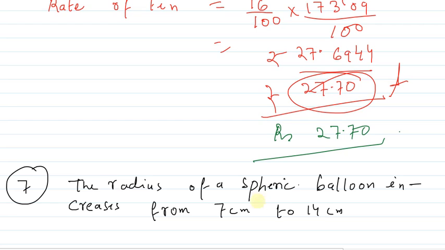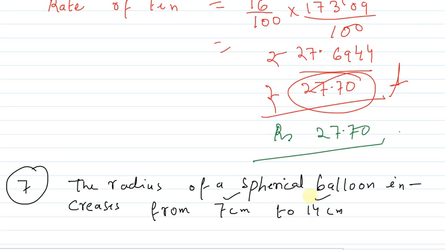One spherical balloon is there. First the radius was 7 centimeter. Then the radius is now 14 centimeter. Think of a balloon that was there, and I blew air into it.